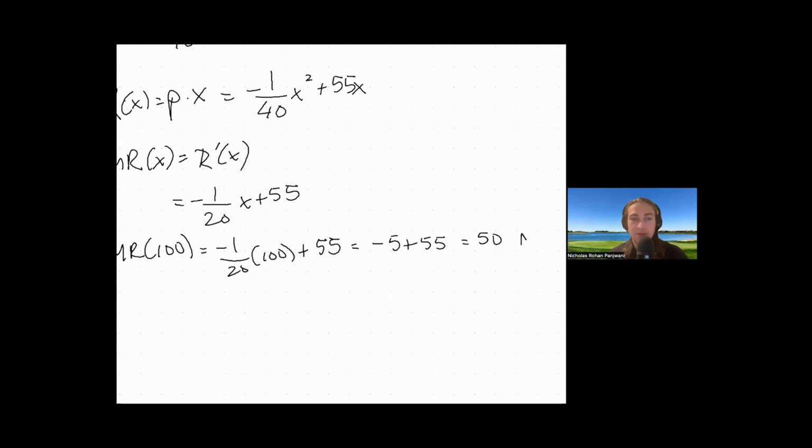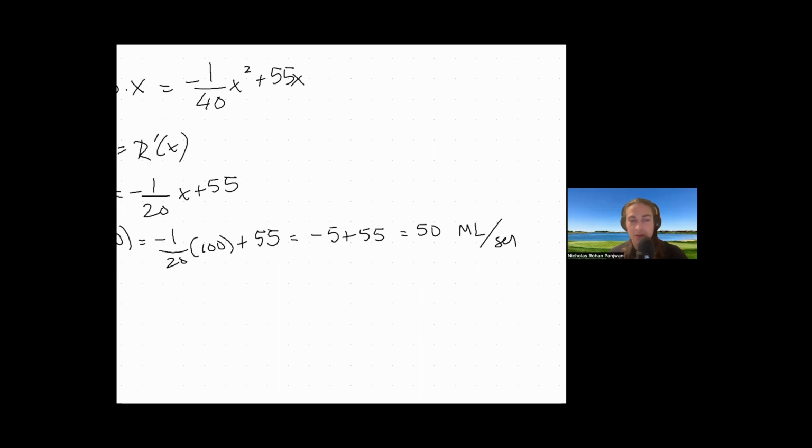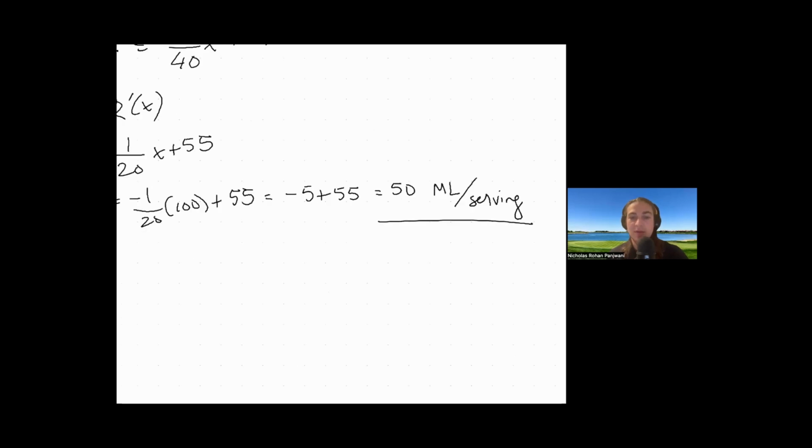50 maple leaves per serving. Okay, so revenue is basically the same units as a price, right? A price is like dollars per unit or dollars per hour or something like that.